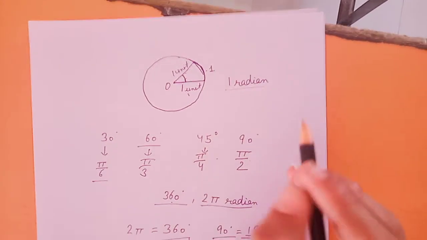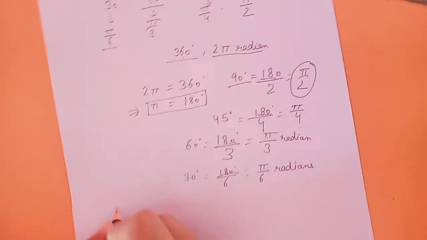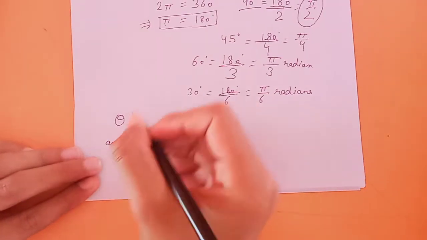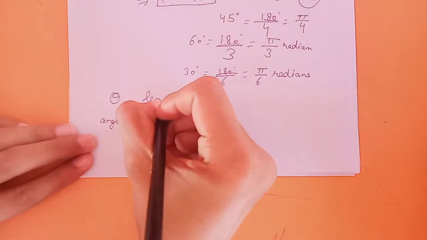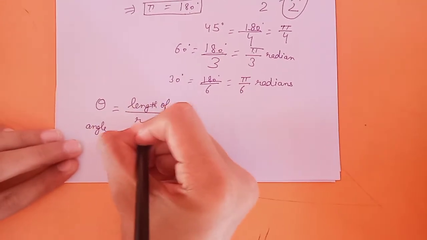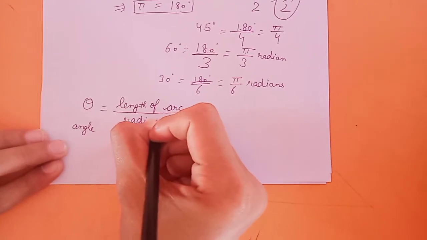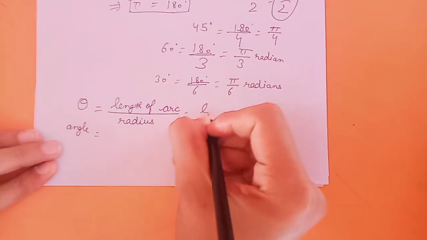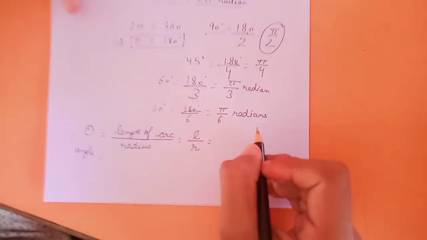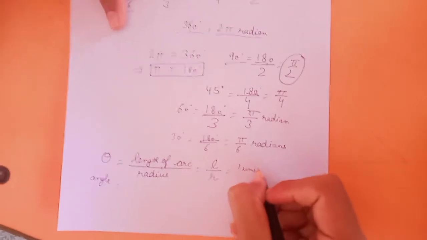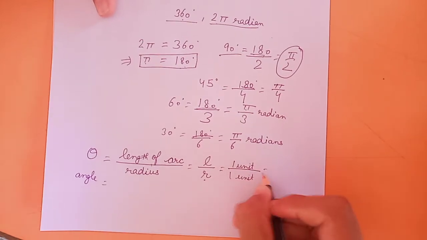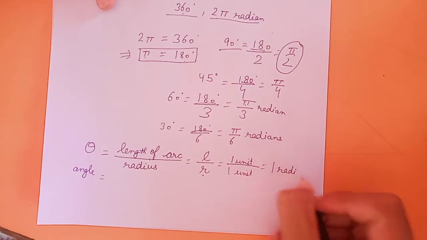Actually, it is a formula: theta, which is our angle, is equal to the length of arc divided by radius, that is, L by R. Here the length of arc is 1 unit and the radius of the circle is also 1 unit, so 1 unit by 1 unit is 1. So it forms an angle of 1 radian.